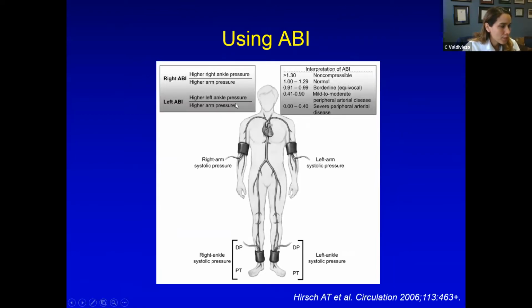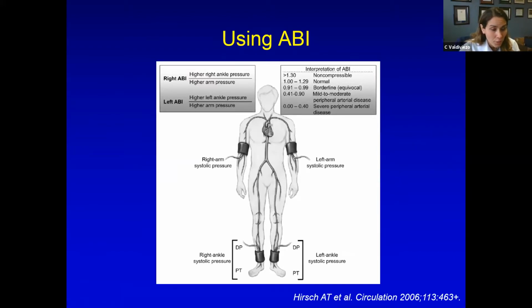It's based on the principle of the ratio of the ankle pressures over arm pressures. So you take the blood pressure, and let's say for the right side and the right arm, you measure the systolic pressure. And then for the lower extremities, most often a Doppler is used. That may be the limitation for most physician offices. If you don't have a Doppler available, it may be somewhat more difficult to determine.